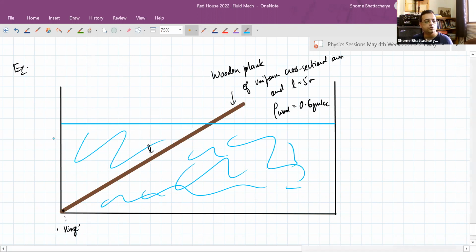Now we have to find out up to what level we have to fill water so that the hinged plank is in equilibrium at theta equal to 37 degrees.